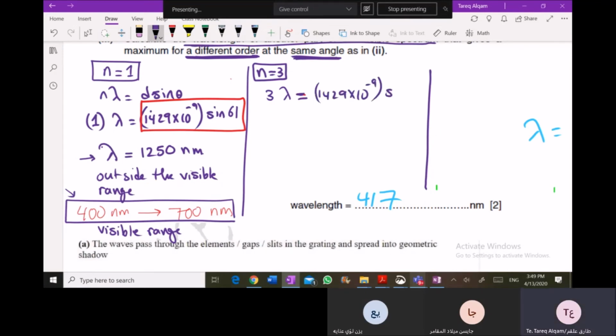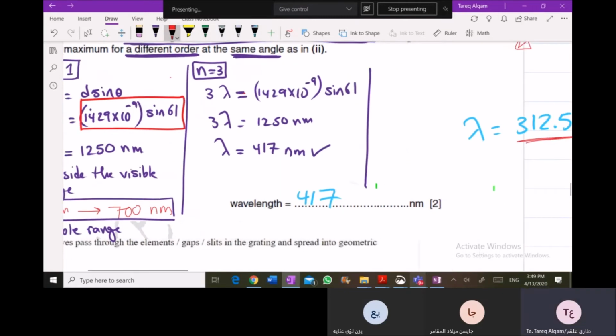Same separation or same angle. We are asked about this. 3 lambda equals 1250 nanometers. So lambda equals 417 nanometers. Guys, this is within the range. So this could be the answer.